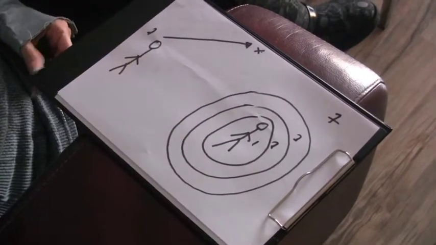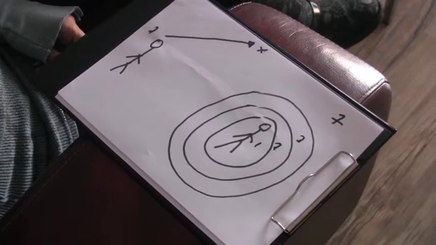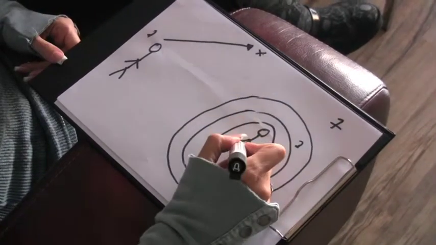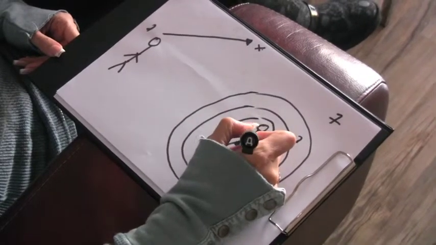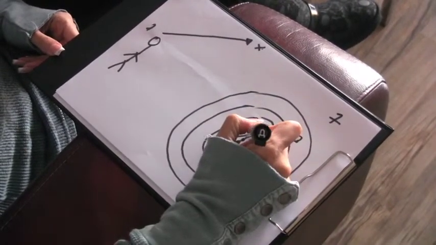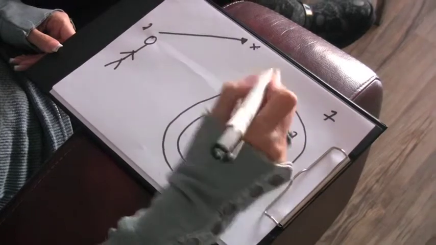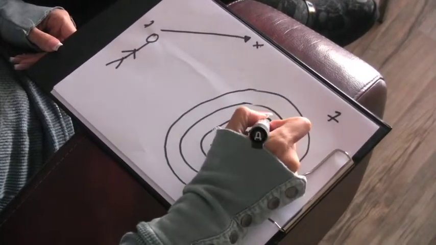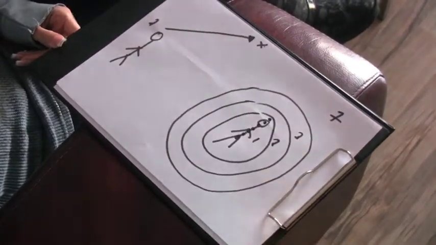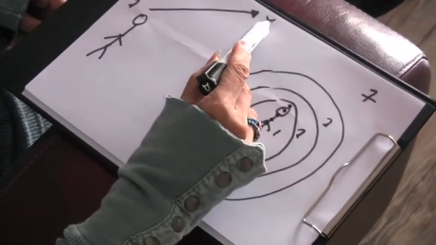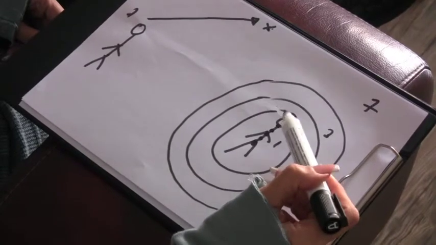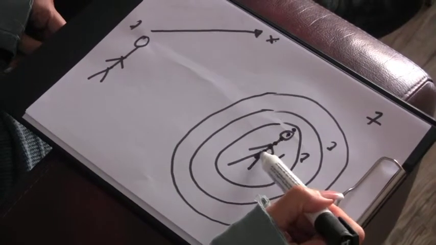We can also access the 7 harmonic focal points, which are 1, 2, 3, 4, 5, 6, and 7. And again, we can access information here about any of these 7 points here.